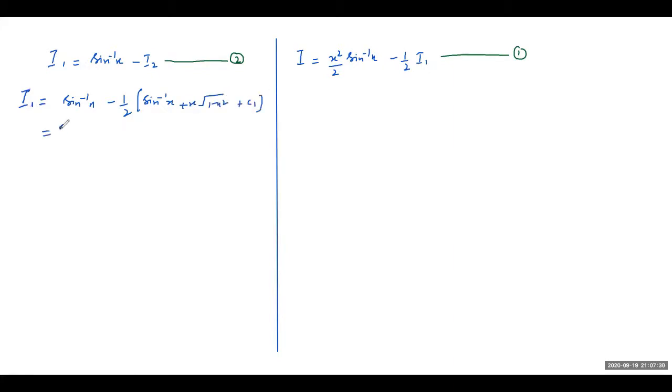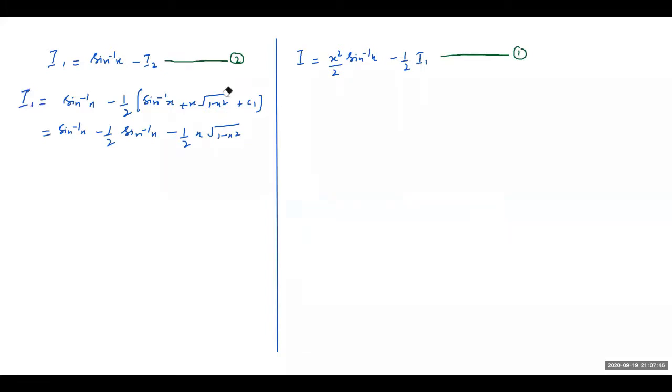Open up the bracket, you will get sine inverse x minus 1 by 2 sine inverse x minus 1 by 2 x into square root of 1 minus x square and minus c1 by 2.